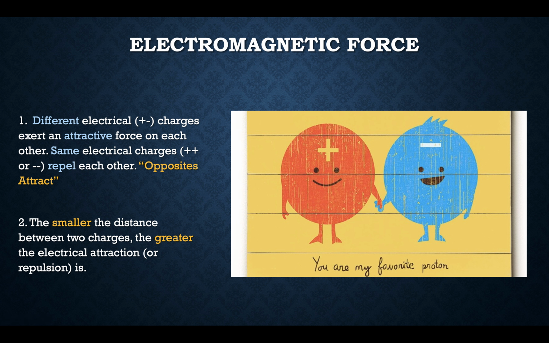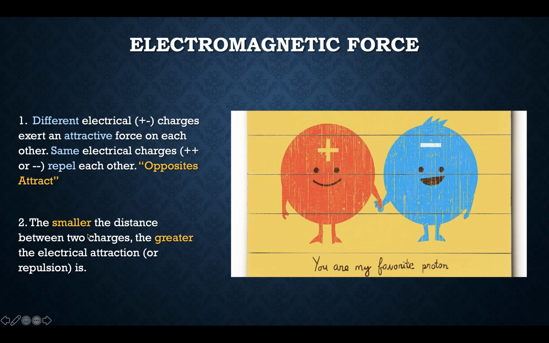So one important factor of this is, what is the charge, right? How strong is the charge? And the second important thing to know is, what's the distance between those two charges? So here you can see these two charges are very close together.